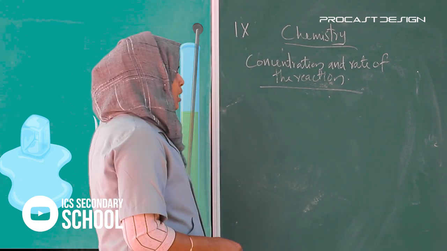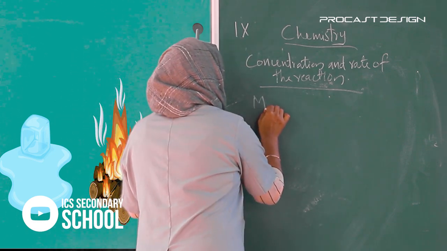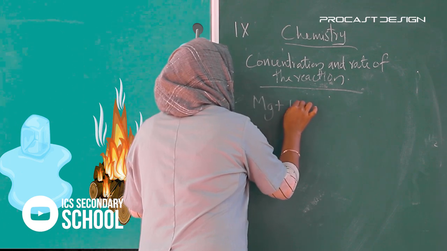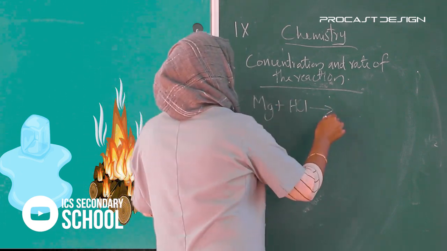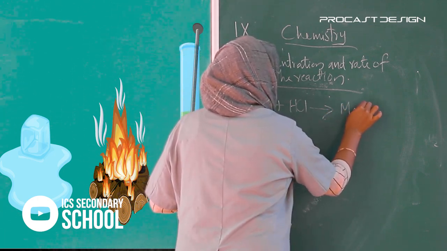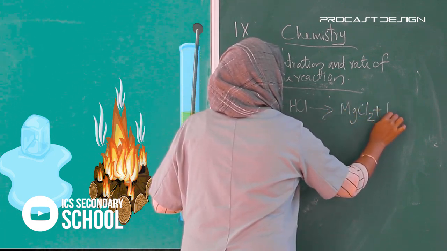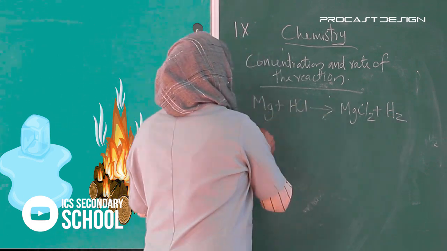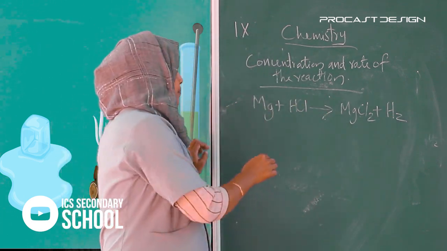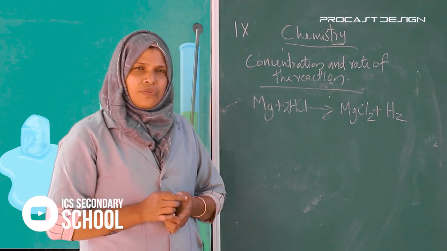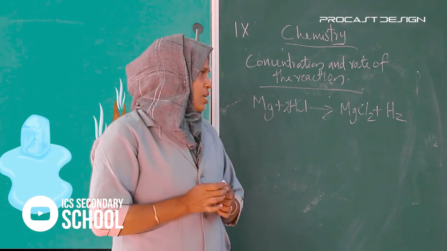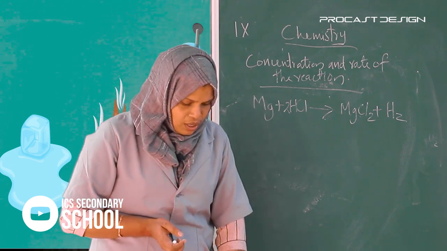First we take magnesium, then add hydrochloric acid, then it forms magnesium chloride and hydrogen. This is the chemical equation of this reaction.